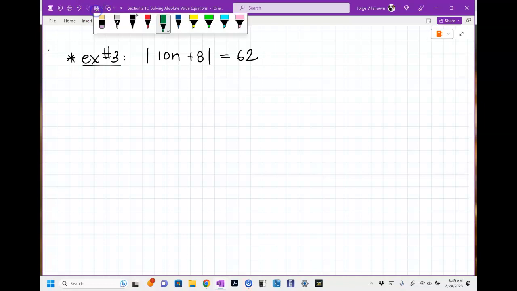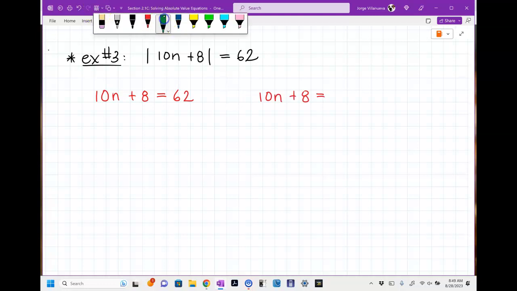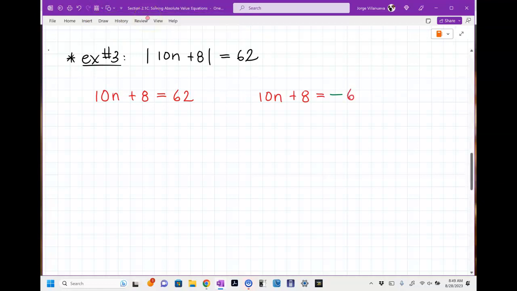So, let me change this here. 10n plus 8 equals to 62, and 10n plus 8 is equal to negative 62. And now I got to solve two problems. So every problem has a potential of becoming two problems.